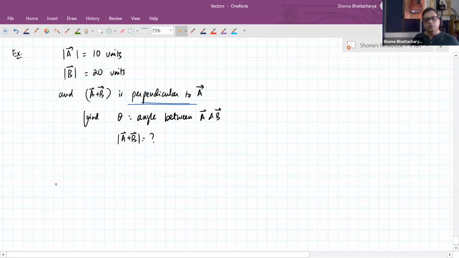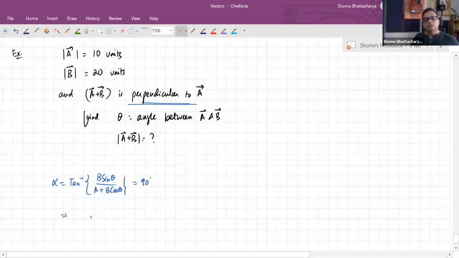So if we go with the formula based solution, we know that alpha, which is tan inverse of B sine theta upon A plus B cos theta, should be 90 degrees.